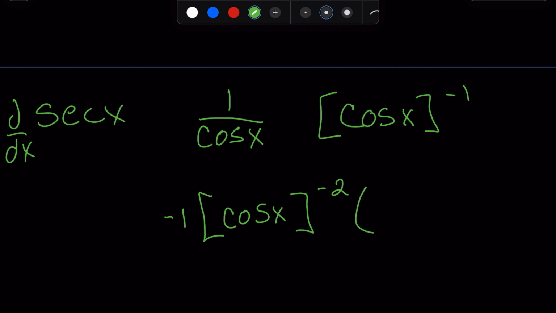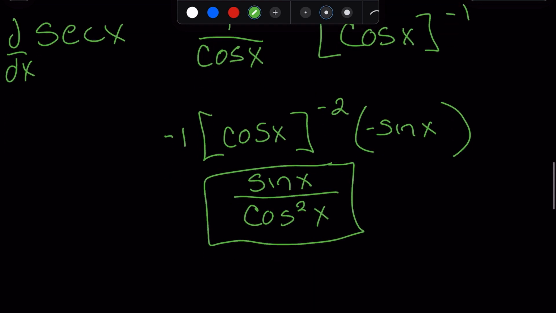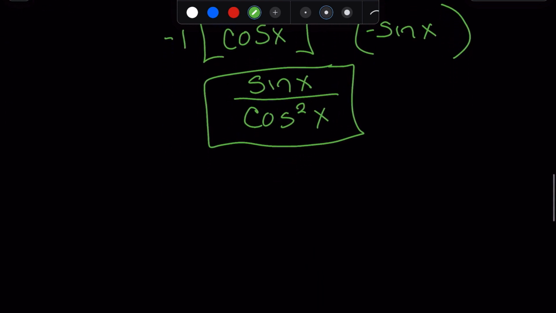We also have to chain rule this out. So the derivative of the inside will be negative sine of x. Negative times a negative is a positive. So at the top we get sine of x. And we can write cosine squared back in the denominator. So that would be the derivative, but in the book, they write it a little different.